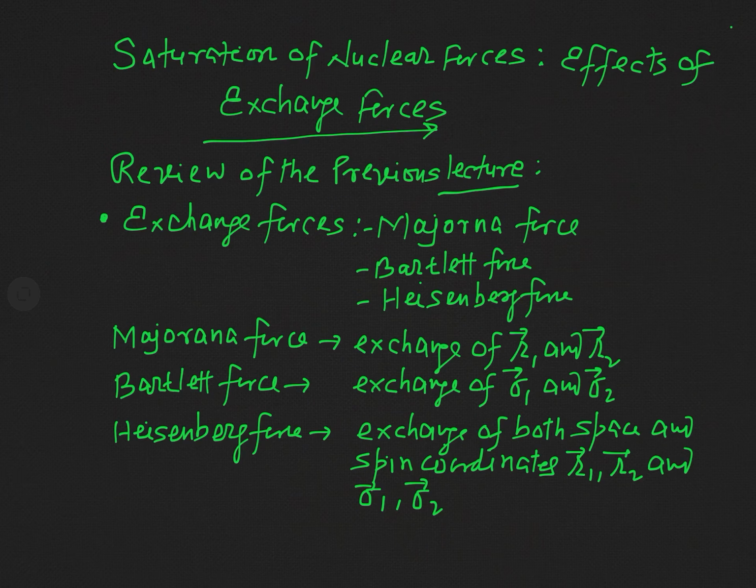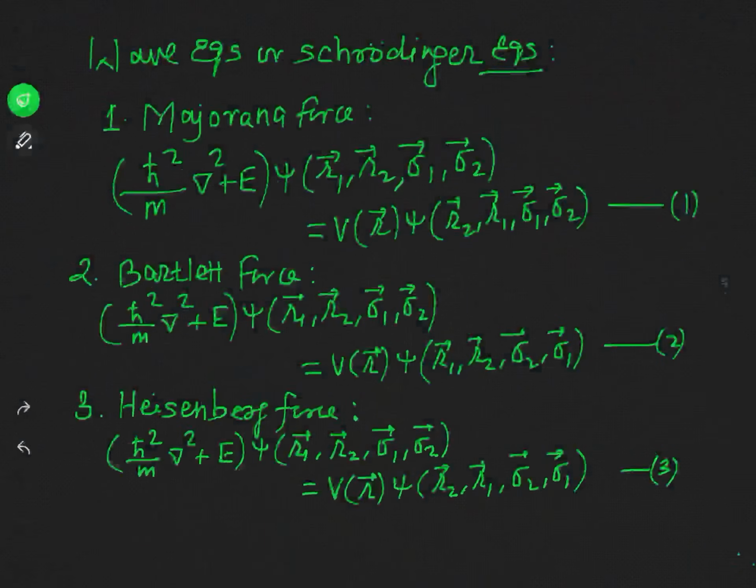And Heisenberg force is actually a general exchange force, in case of which exchange of both space and spin coordinates takes place. It means R1 R2 becomes R2 R1, and sigma 1 sigma 2 becomes sigma 2 sigma 1. All these things we have learnt in the previous lecture.